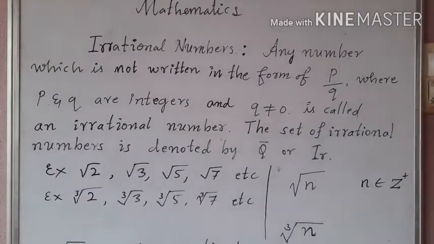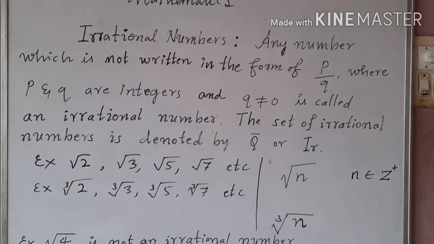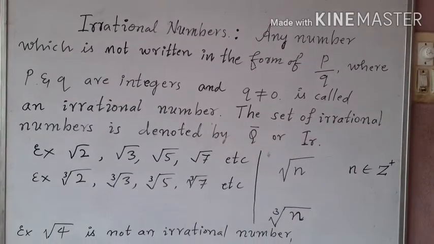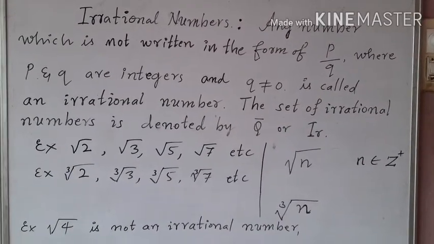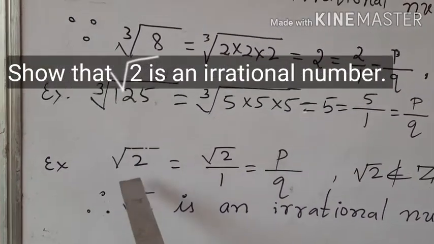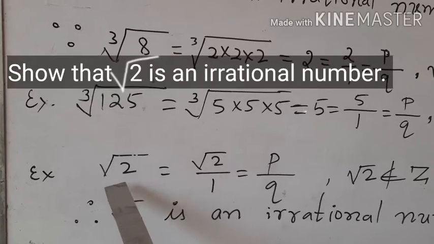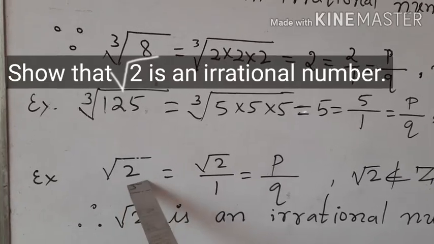Now, children, we saw the definition of irrational numbers and examples. Let us show that root 2 is an irrational number. Let us take the example square root of 2.